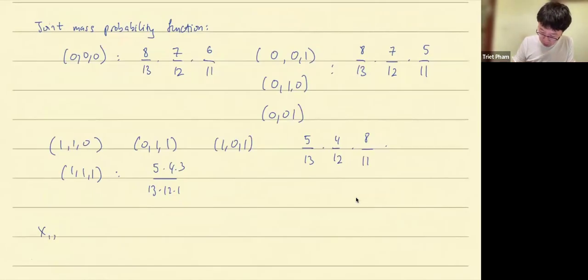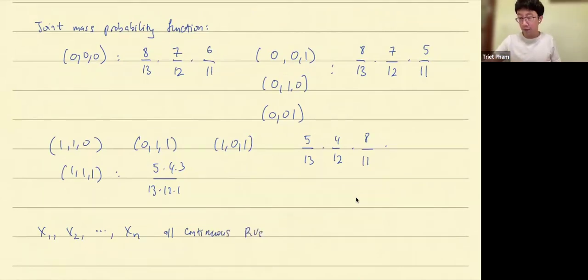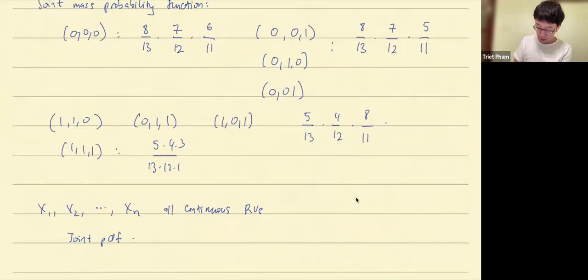If you have x1, x2, ..., xn, they're all continuous random variables, then what we will have is something called the joint PDF, a function of these, which is f of x1, x2, etc., xn, evaluated at little x1, x2, ..., xn.